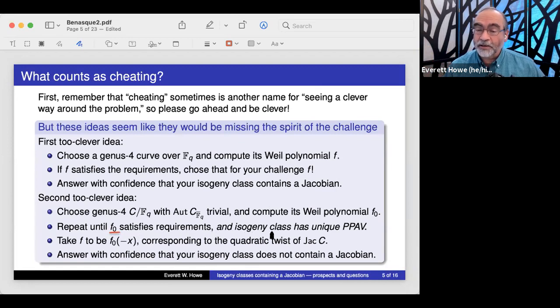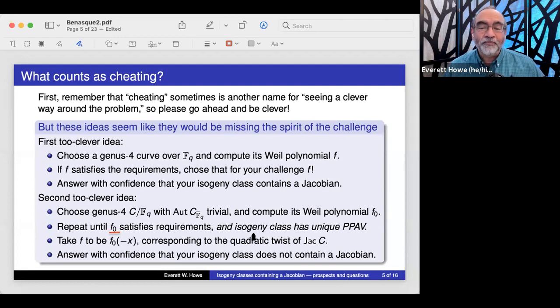You can check that, and if you're choosing your curve randomly, you might have to wait a while before this happens, but maybe you'll wait less time than the q to the 9th that you would need to wait to enumerate curves.